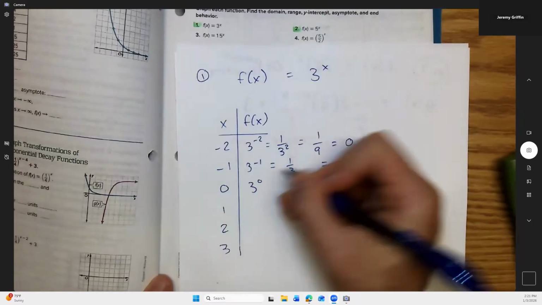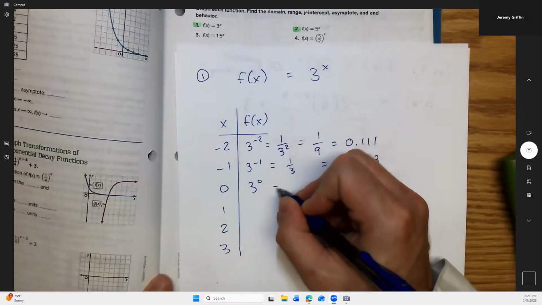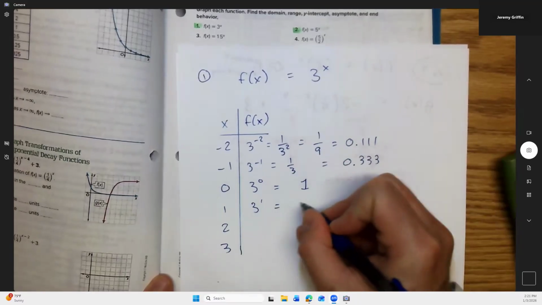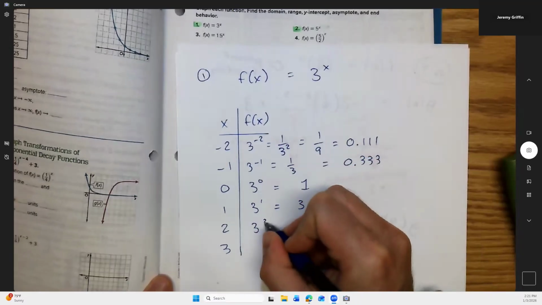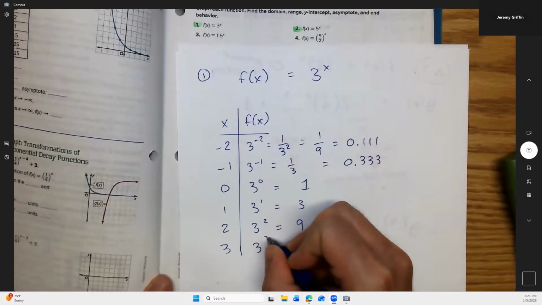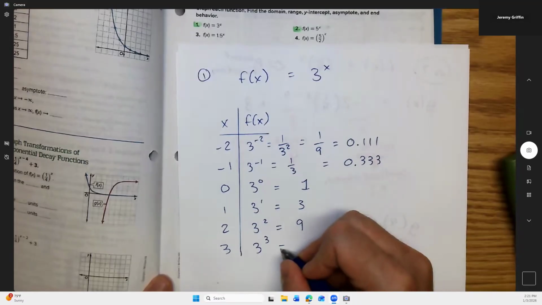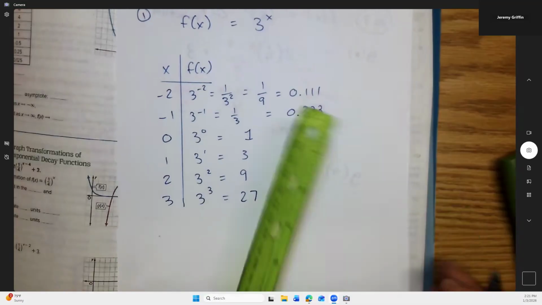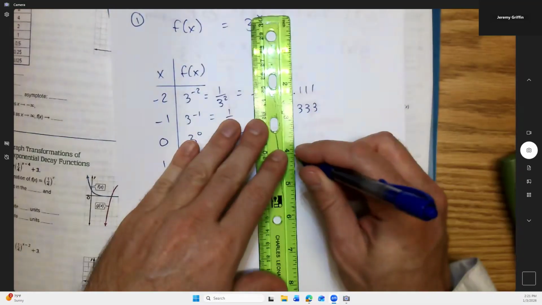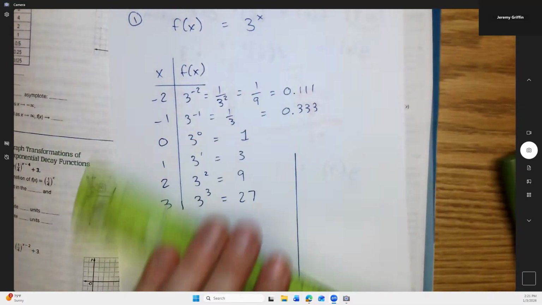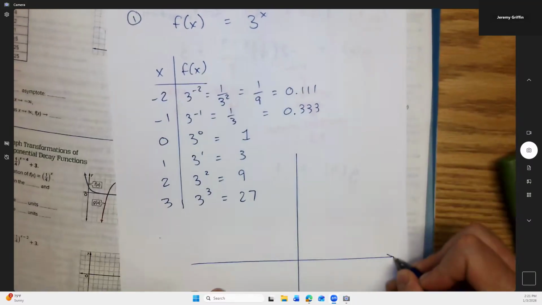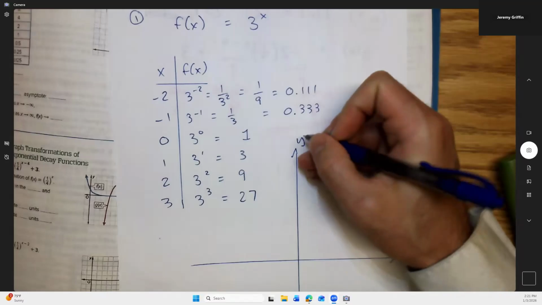For 0, any non-zero number to the power of 0 is 1. 3 to the 1 is 3. 3 squared is 9. And 3 to the 3, that's 3 times 3 times 3, is 27. So let's throw this on a set of axes, x-axis, y-axis.